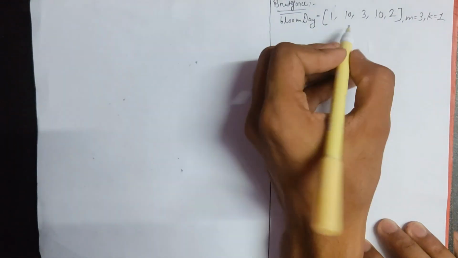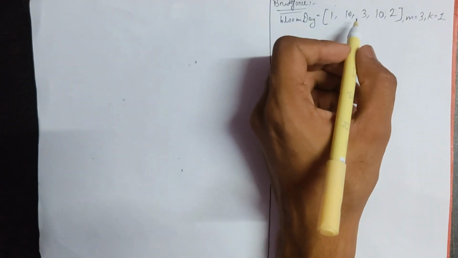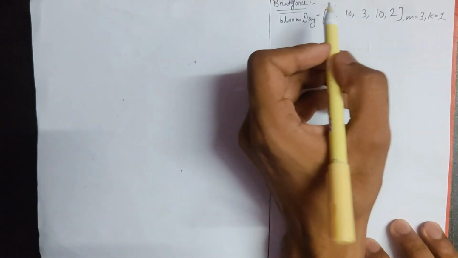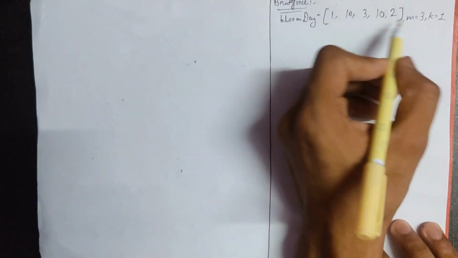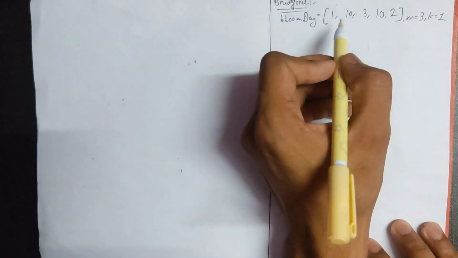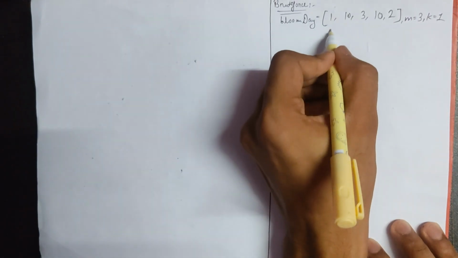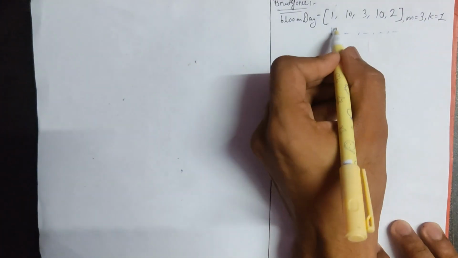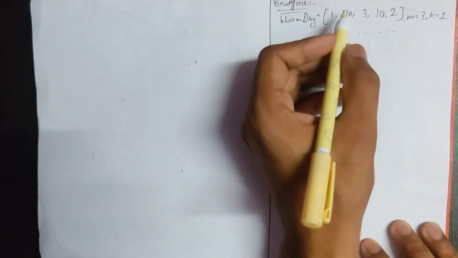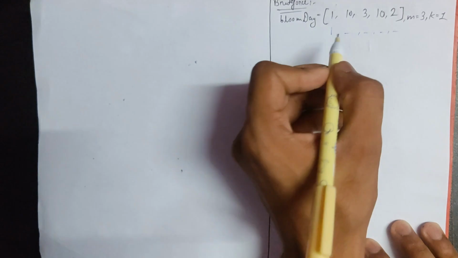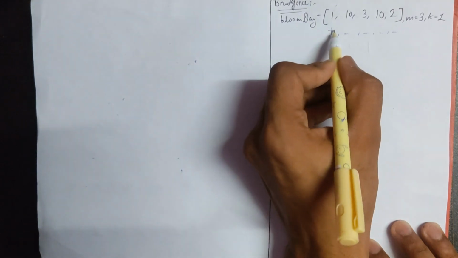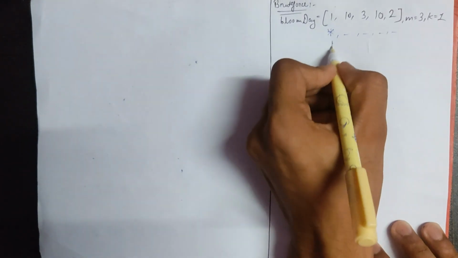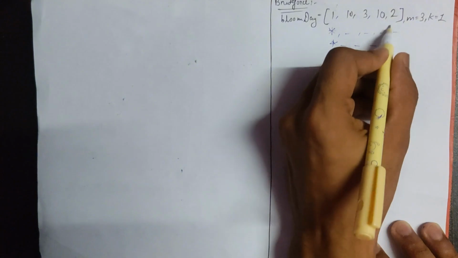The brute force approach is to check every day and see if we can take 3 bouquets on that day. So after the first day we can take only this value. After the second day the flowers we can take are this one, let's mark it with an asterisk, this one and this one.